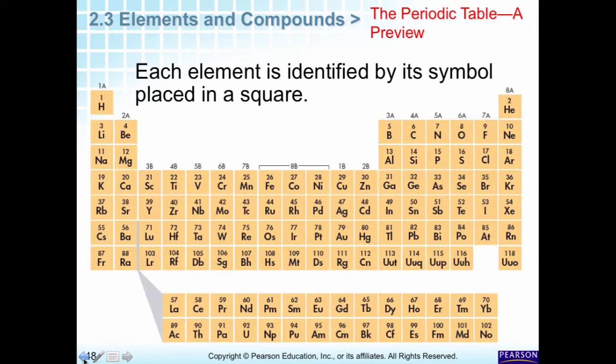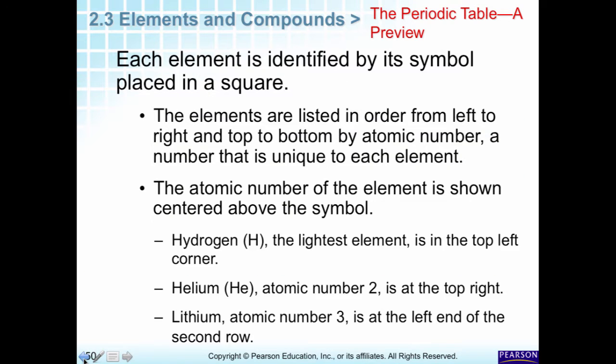Okay, we have here, if you look, 1A, 2A, 3A, 4A, 5A, 6A, 7A, 8A. The ones that are A's are what we call our main group elements. The B's are our transition elements. However, on many modern periodic tables, they simply call it 1 through 18, so that you don't have the A's. But both are still used today, so it's good to see it this way too.